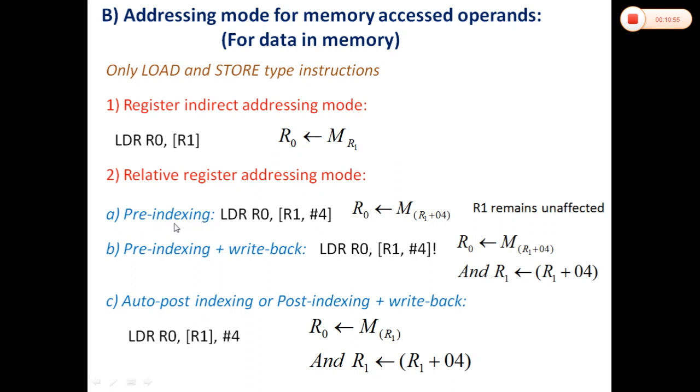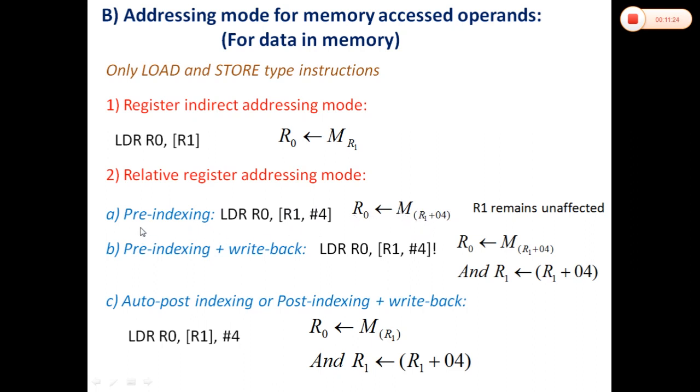Indexing means modifying. Here you can see that the content of this base register is modified, or indexed, by adding this immediate number before the data is transferred to R0. That means the memory pointer given in R1 is modified, it is indexed, before it is used to copy the data from memory to R0.